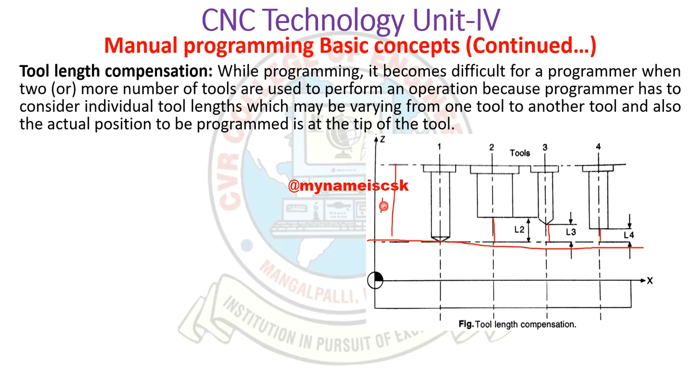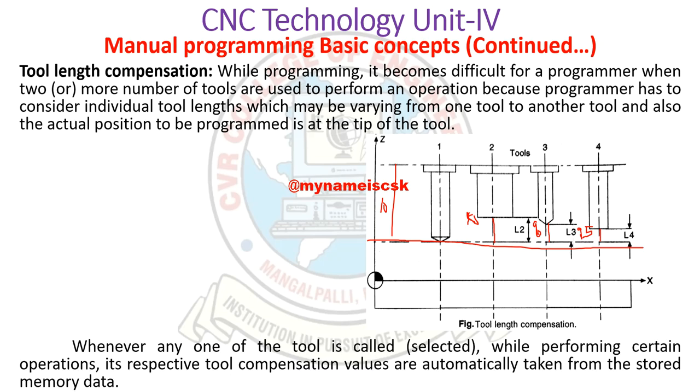Suppose this is 100 mm, so one has 85, one has 90, another has 95. Each and every tool has a different length, so we have to compensate the tool length by calculating the distance till the tip of the tool.